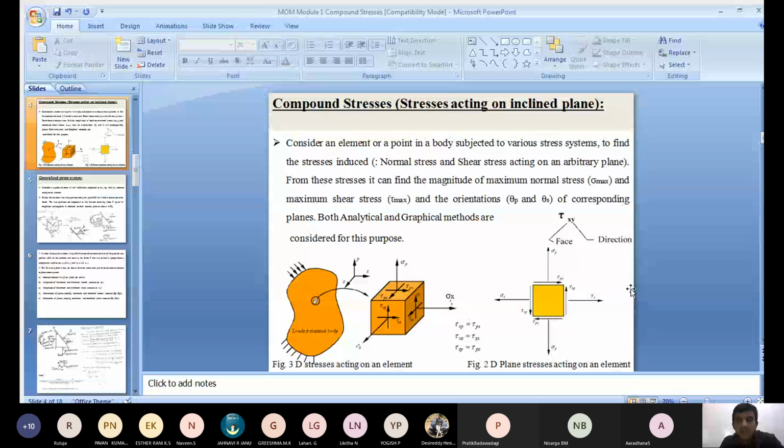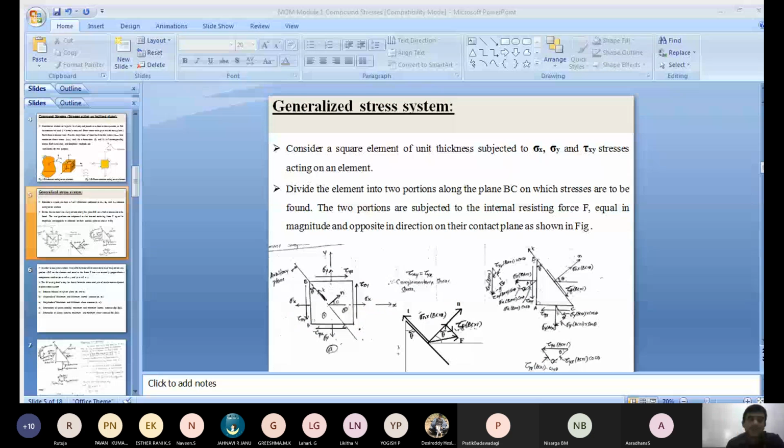Okay, by the analytical method, how do you solve this? For that, we'll consider a square element of unit thickness. The thickness of the element is 1. The square element is subject to a general stress system. We say general stress system when the element is subjected to sigma x, sigma y and tau xy.